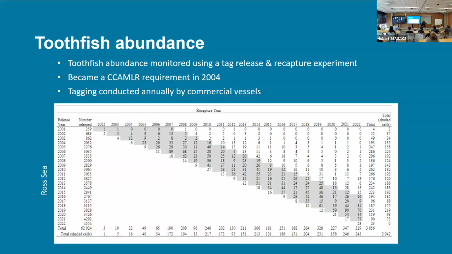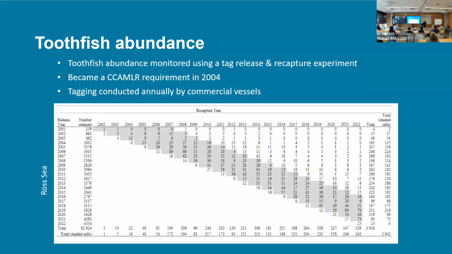This is an ongoing tagging program where vessels continuously tag. They tag based on their catch, they tag based on where they are, and they tag based on the size of the fish that they're catching. They have to match the size distribution of the fish that they're catching with the size of the fish that they're releasing. So they can't just tag all the small ones, for example. That creates a continuous stream of tags going in the water and a continuous stream of tags coming back.